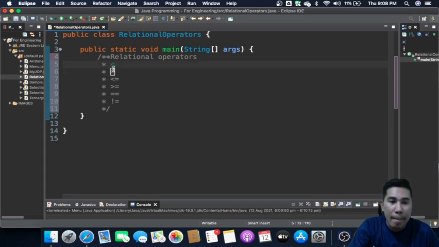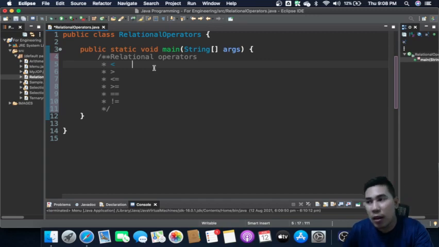If you are able to read these operators and evaluate them the way you did in mathematics, you will have an easy understanding of how to do it here in Java. In fact, this is the basis for creating decisions in Java programming, or in the if structure in Java.